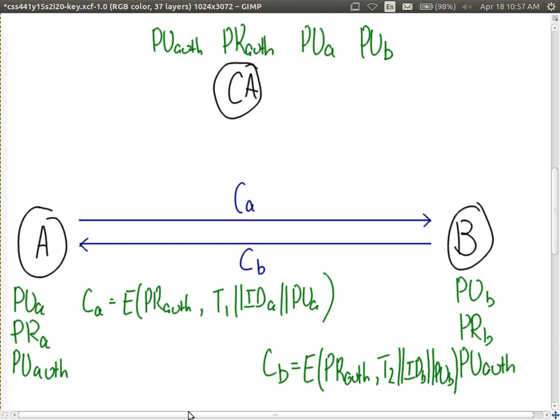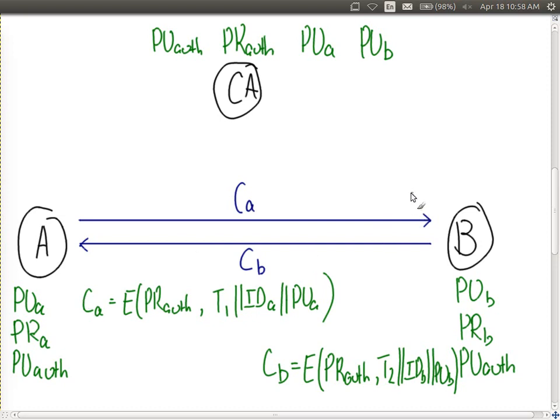And similar when we send back CB, CB was signed by the authority. It contains B's public key. When A receives that certificate, A verifies using the public key of the authority and finds the correct public key of B. So the steps here, we verify as we receive a certificate.